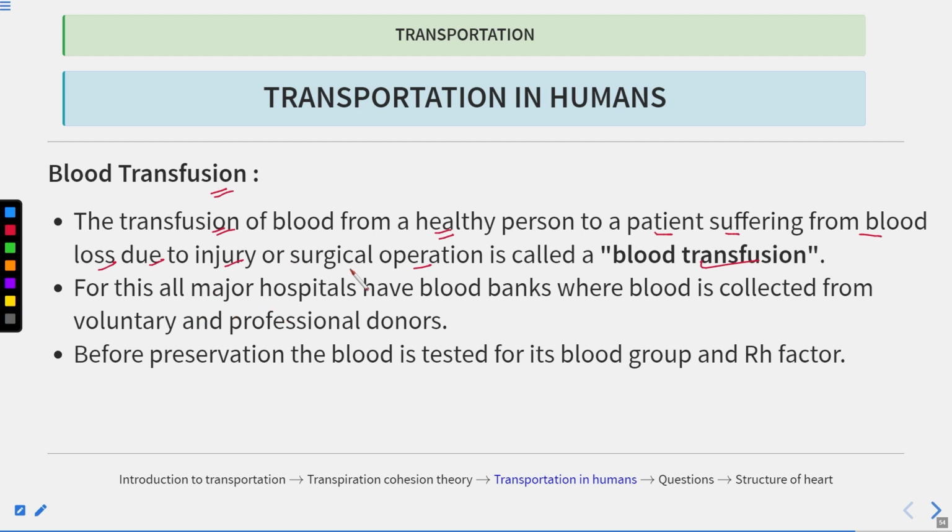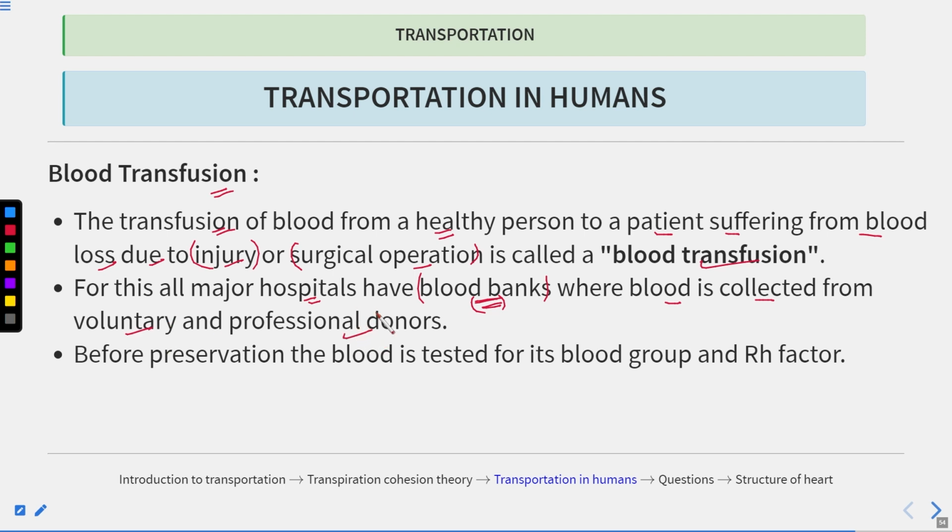Now, blood transfusion is done during surgery or during an injury when there is loss of blood. For this, all major hospitals have blood banks. So within the hospitals, there is a separate blood bank that provides blood to the patient. In the blood banks, blood is collected from voluntary and professional donors.